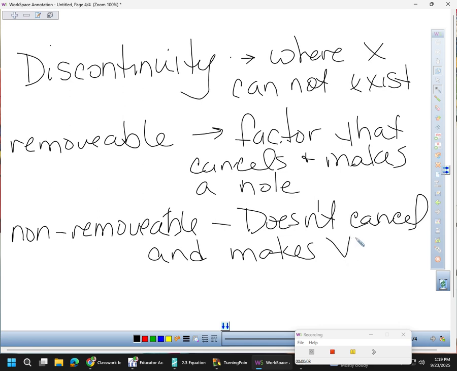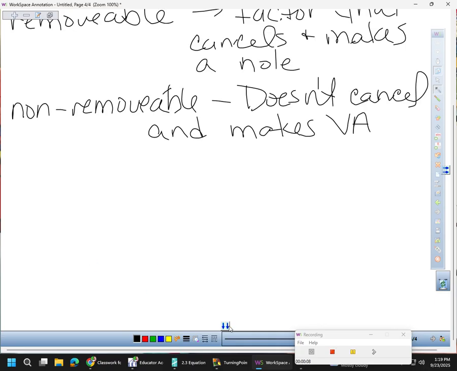How about a vertical asymptote? We got to get you back in the groove. Vertical asymptote. All right. Guys, focus. Oh, my goodness. All right.